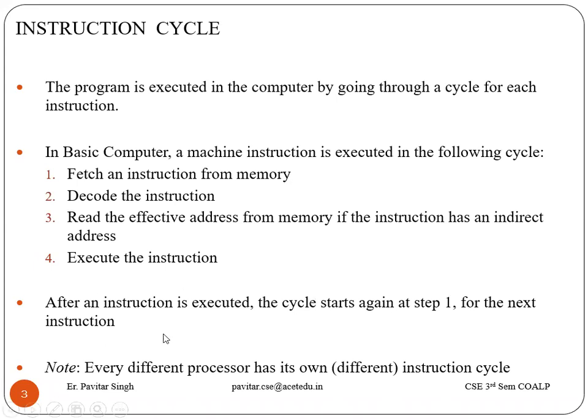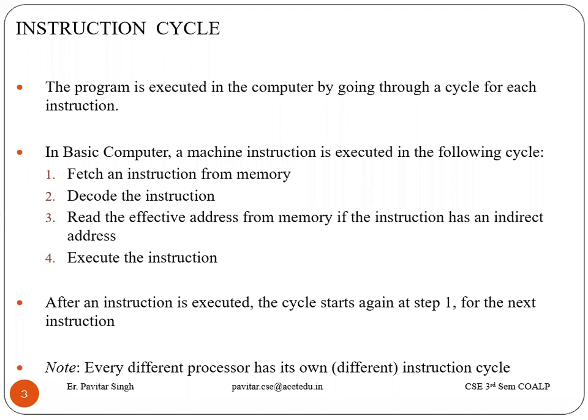So note, every different processor has its own different instruction cycle, right? Let's suppose nowadays we are using i3, i5, i7 processors.